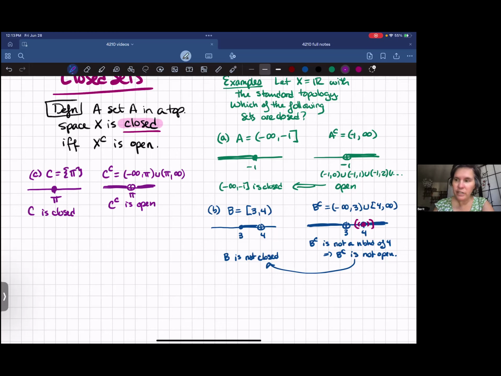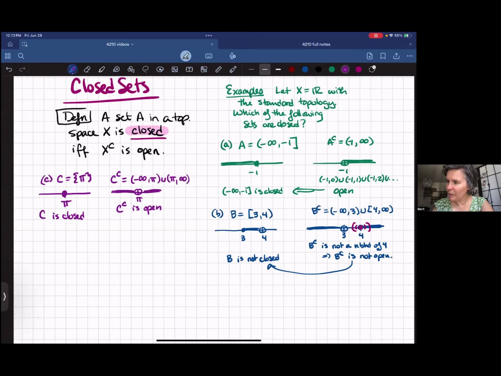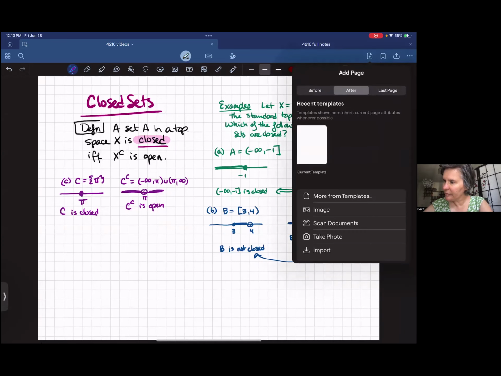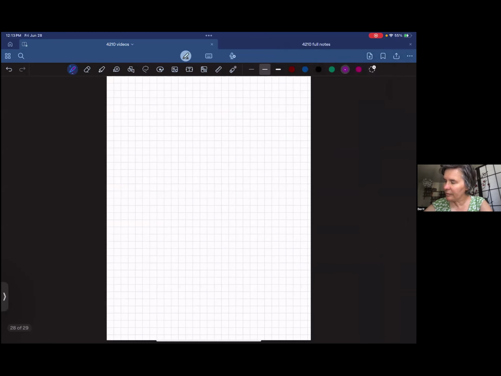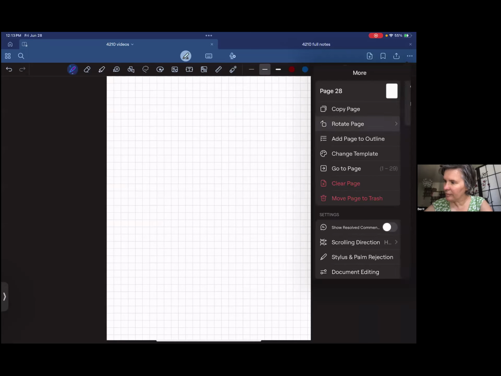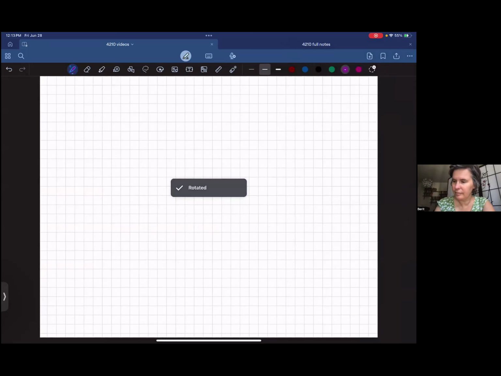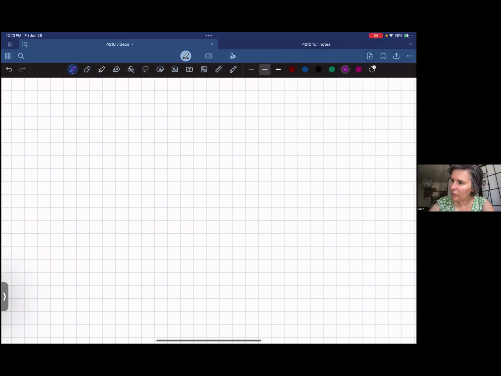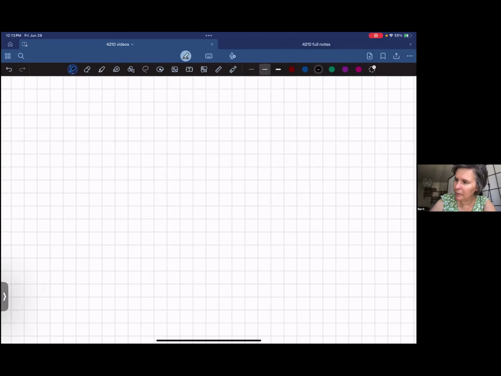Okay, let's do a different topology now. Okay, so here's another example.